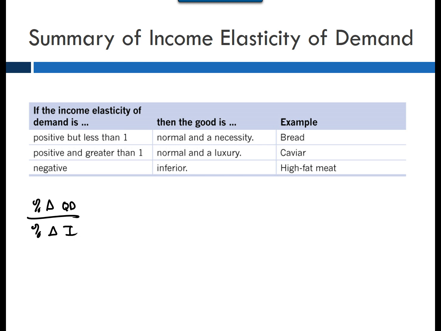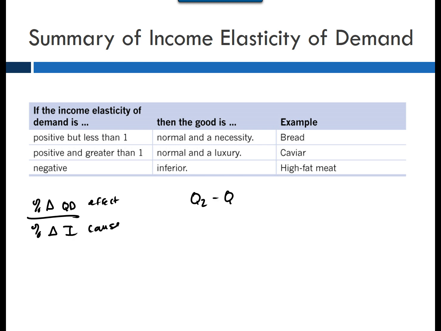And again, this is the cause and this is the effect, right? We're just looking at two different variables. How much does the quantity demanded change when income changes in this case? The midpoint formula would be the same.